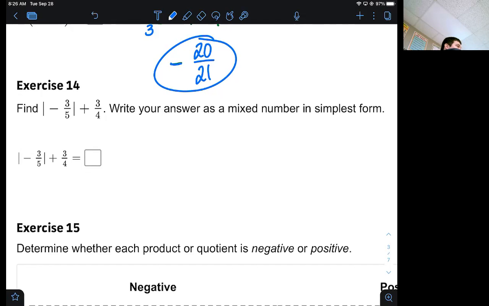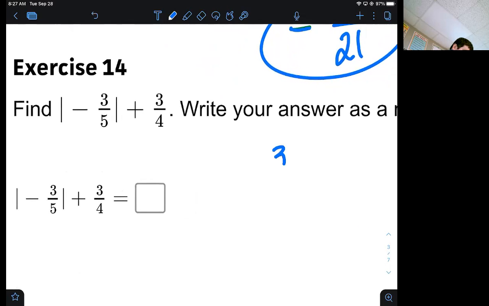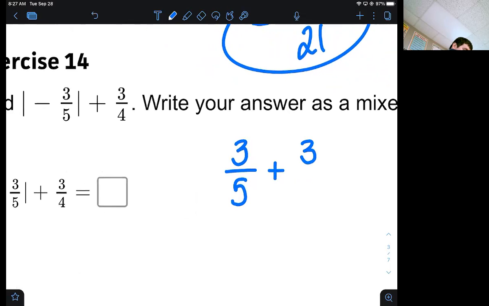It's how far that number is away from 0. And because it's a distance, can it ever be negative? No, it cannot. So the absolute value of -3/5 is just +3/5. In fact, the absolute value of every number except 0 will be positive, because the absolute value of 0 itself would just be 0, because 0 is not any far away from itself.